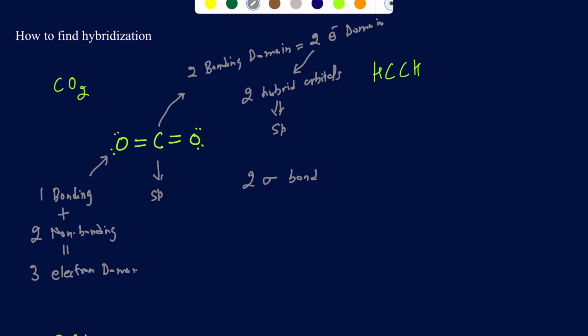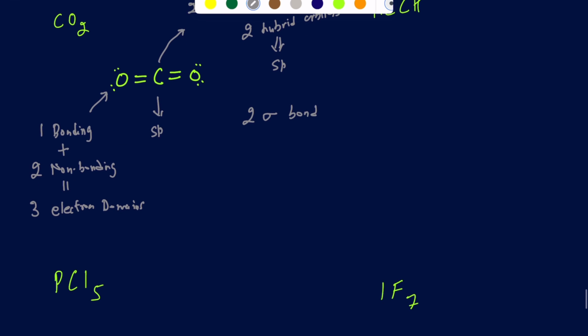If I have three electron domains in total, this tells me that I need three atomic orbitals to be hybridized, and that gives me a hybridization of sp2. I get one from s and two from p to get a total of three orbitals hybridized. So this oxygen has sp2, and this one also has sp2.